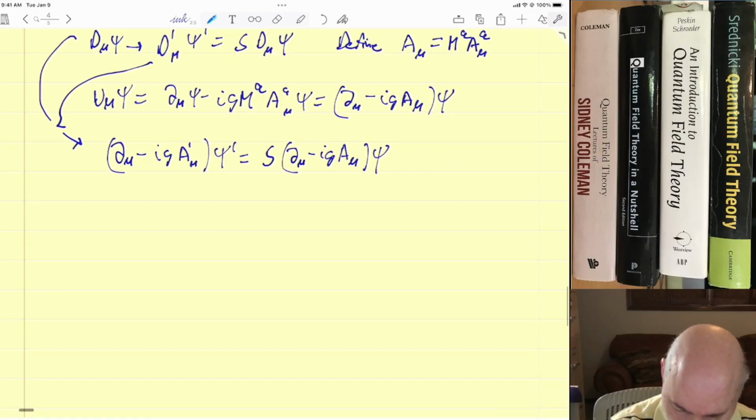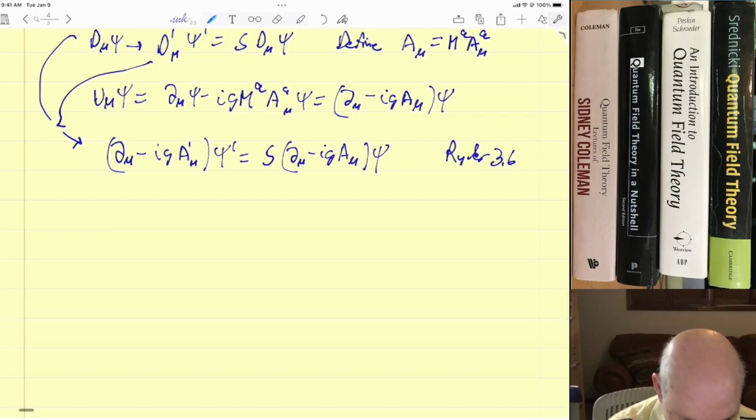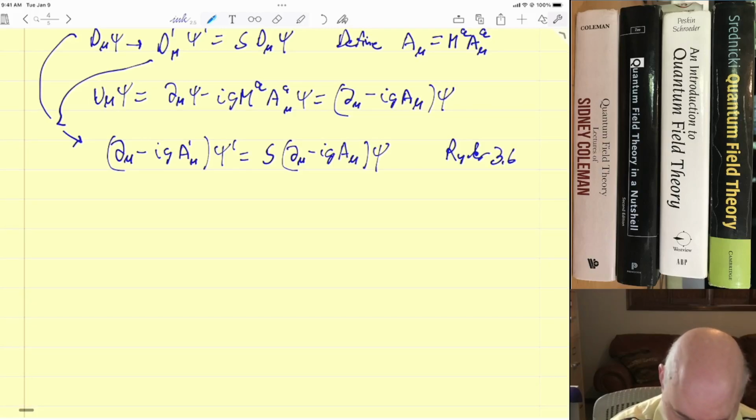Now, all of this is in Ryder section 3.6. He leaves out a few things. I'll just show you. So I would get the partial of mu, now I have psi' is S psi, using psi' equals S psi.